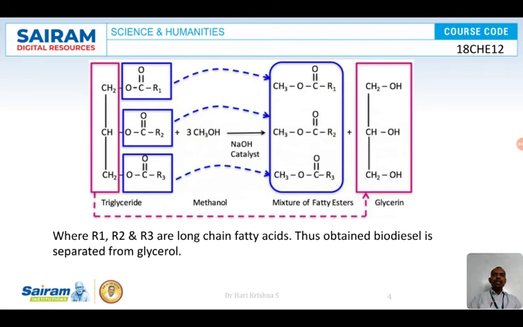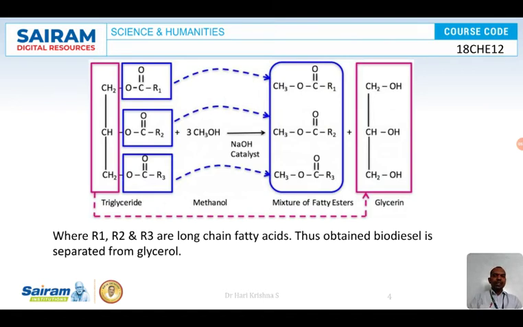This biodiesel and glycerol are separated from each other by a chromatographic technique. Glycerol is used in various petrochemical industries and also for various medical applications. So keep glycerol aside. Let us see the advantages, disadvantages and applications of the biodiesel thus obtained.